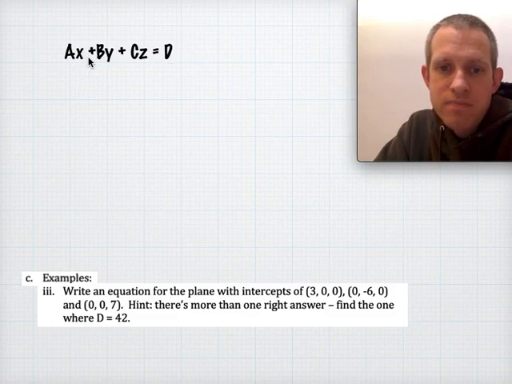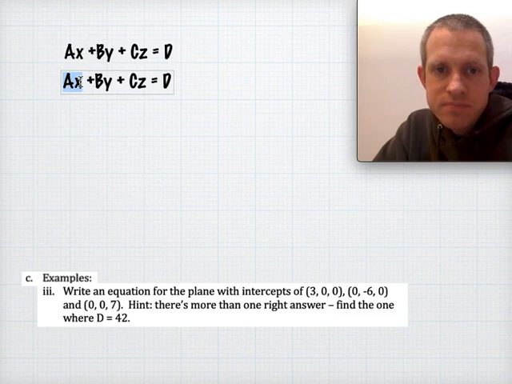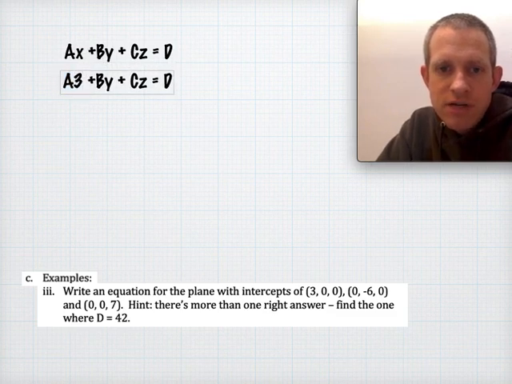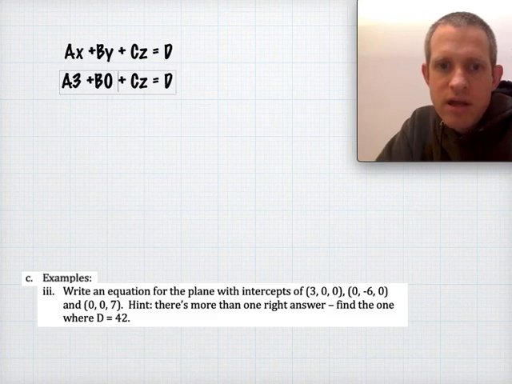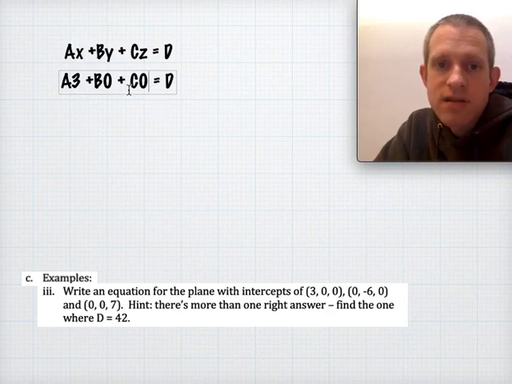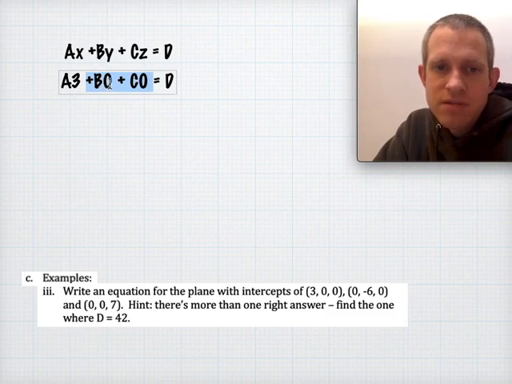And what we know is that if we plug in a 3 for x and a 0 for y and a 0 for z, we know that this equation needs to come out true because this is a point that's on there. And so if x is 0, then 0 times b is gone and 0 times c is gone.